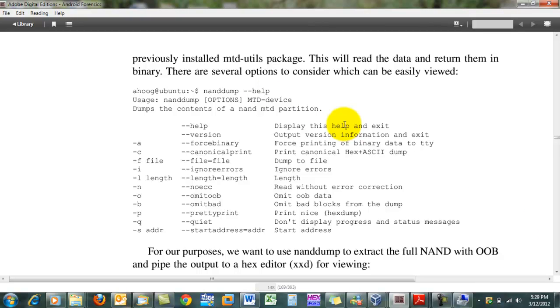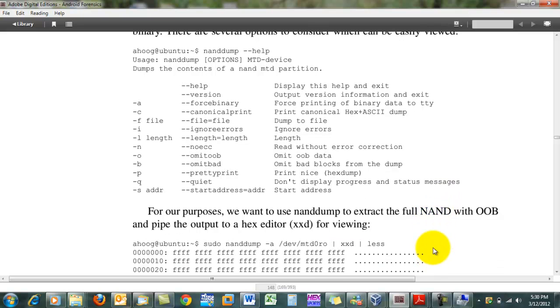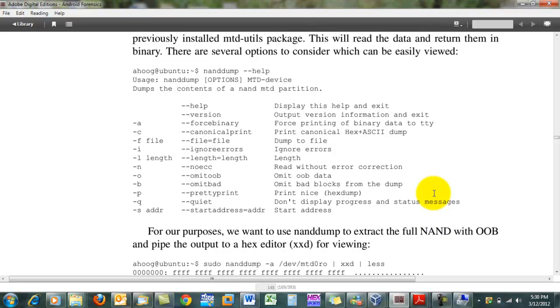If you use a normal hex editor, you might not be able to see all the data properly, because the hex editor doesn't know how to read the NAND device properly.